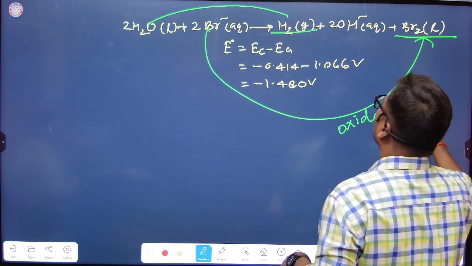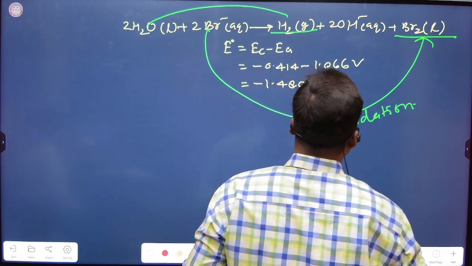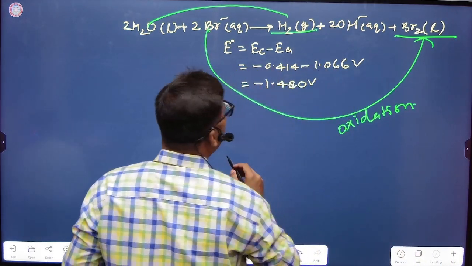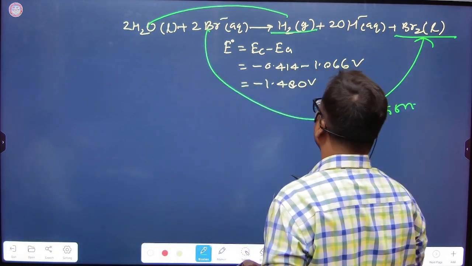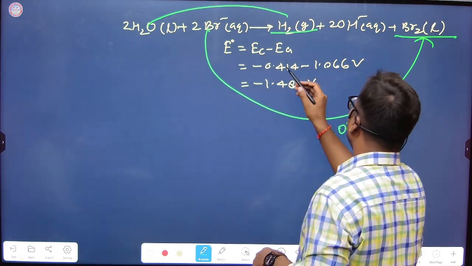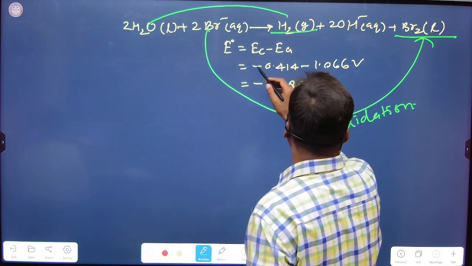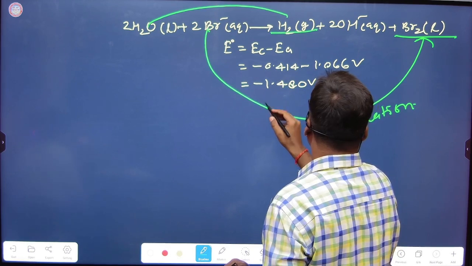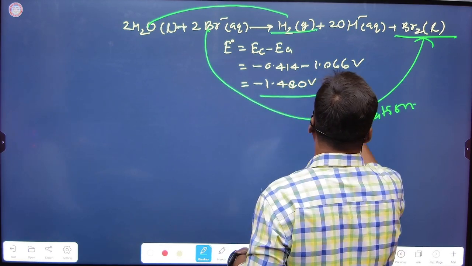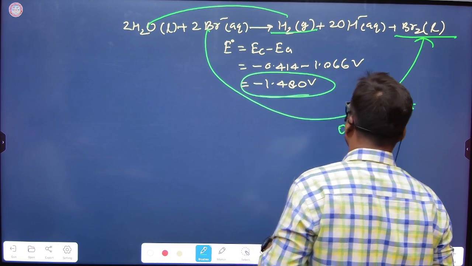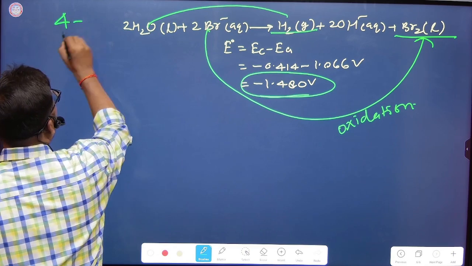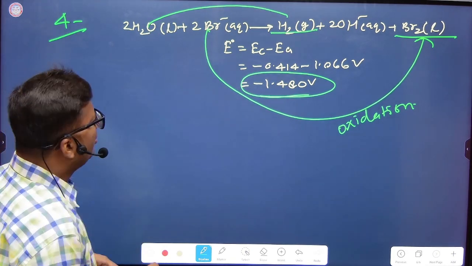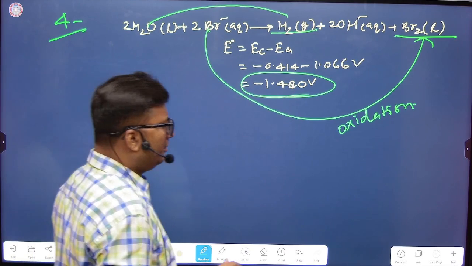And water gets reduced, right? So that is OH minus here. So what is the resultant cell potential? That is equal to minus 1.480 volt.